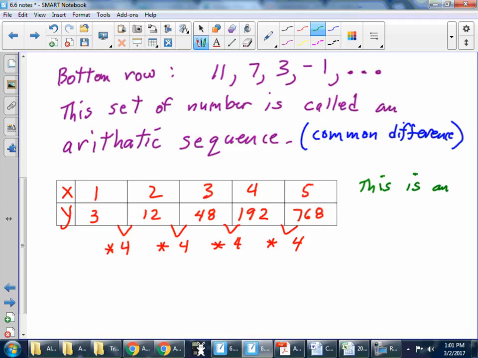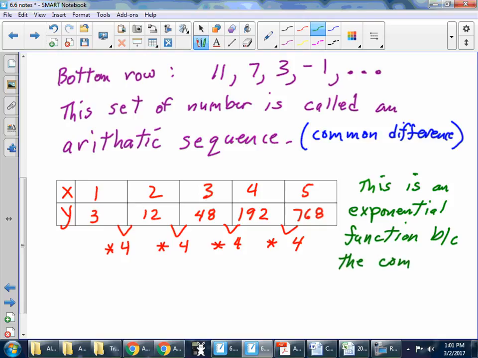Exactly. And we say that this is an, what is this kind of a function called? Now, you can tell me, Naomi. Exponential. Never apologize. Exponential function. Because now we don't have a common difference.